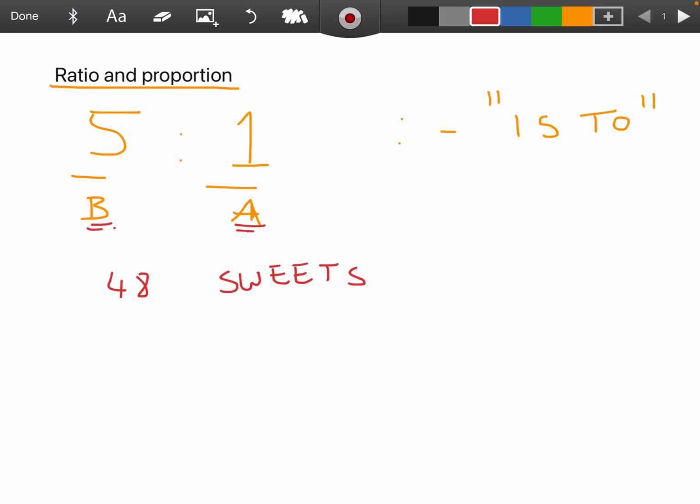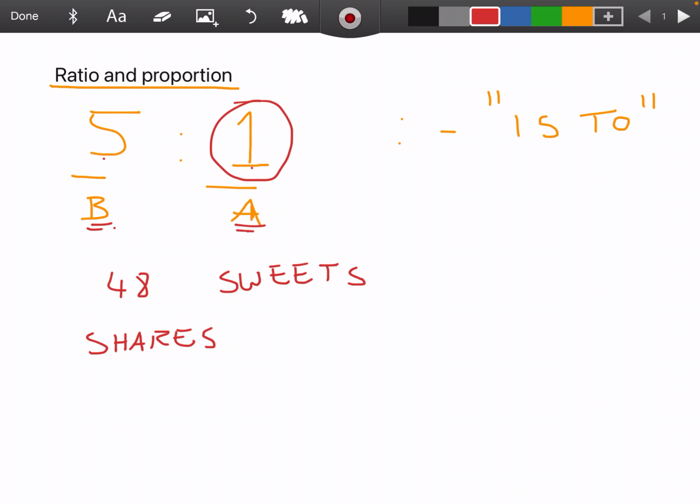Now, the way we want to think about this is in terms of shares. And a lovely way of doing this, as I said, usually what we'll do is we'll add up the ratio, and then we'll figure out what one share would be worth. And then we can figure out whatever all of the rest is.